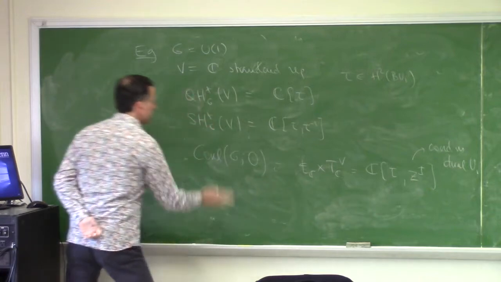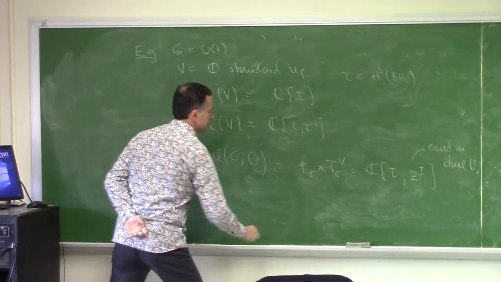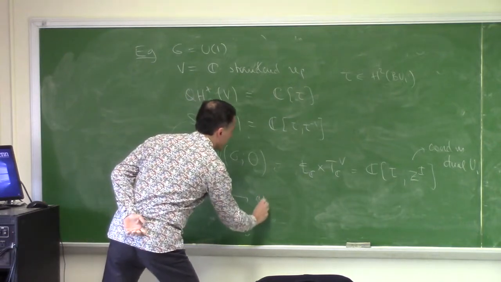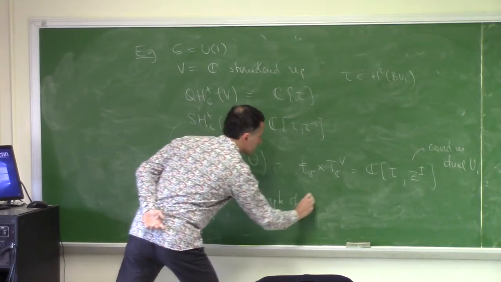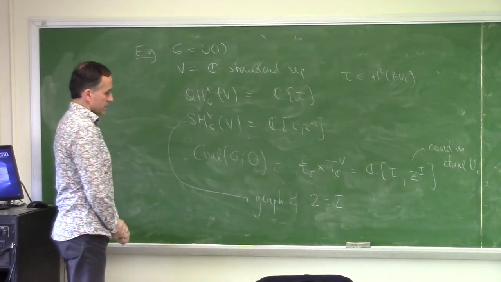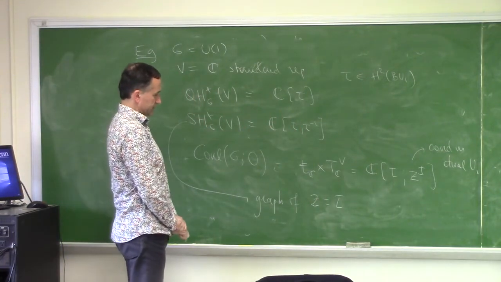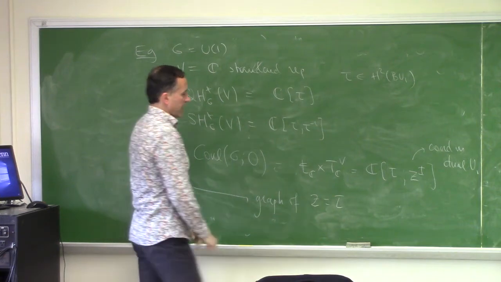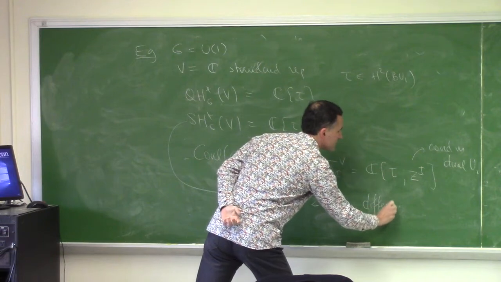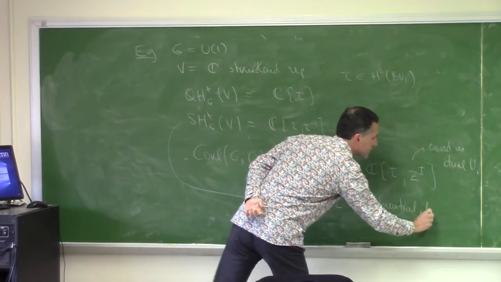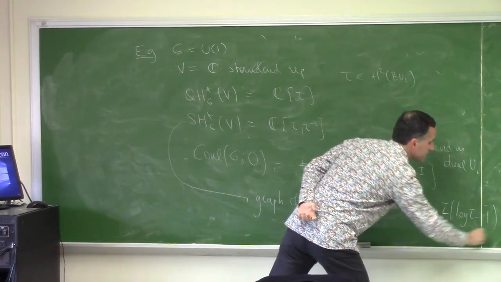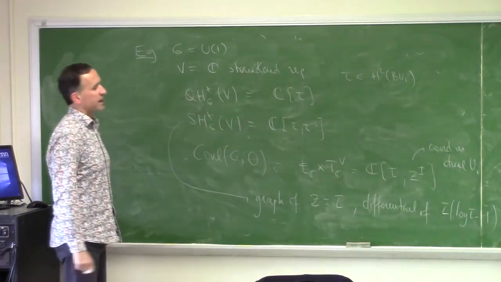And the way the symplectic cohomology sits inside is this guy is a graph of the function z equals tau, or it is the differential of the function tau times log tau minus 1, and people who know linear symmetry will know where that comes from.